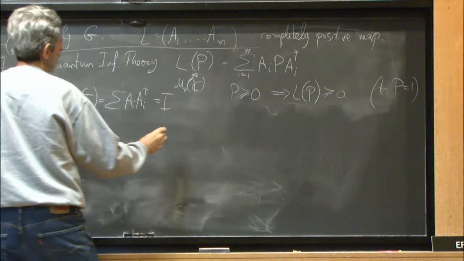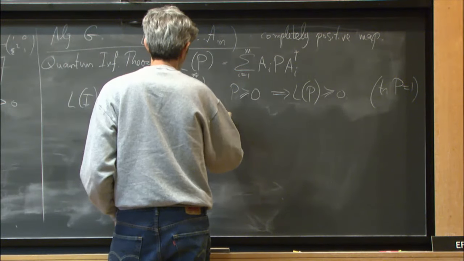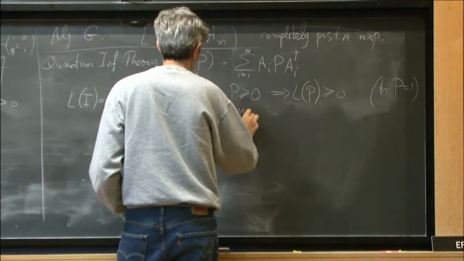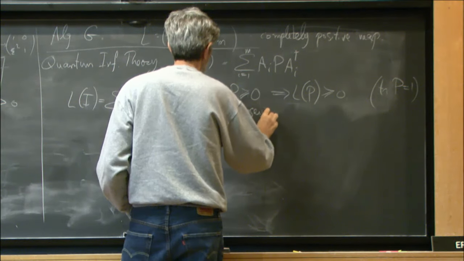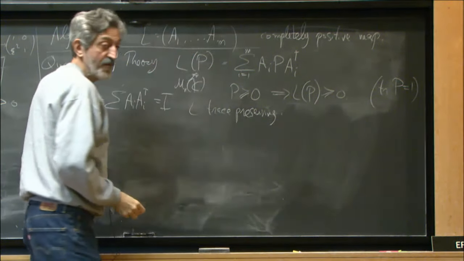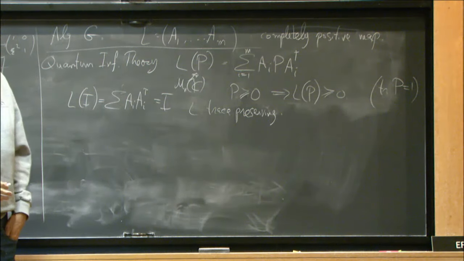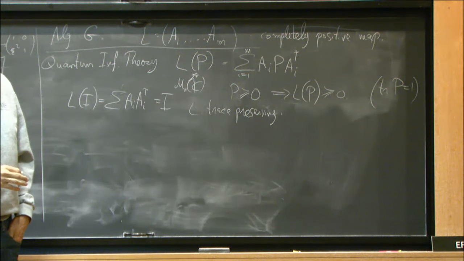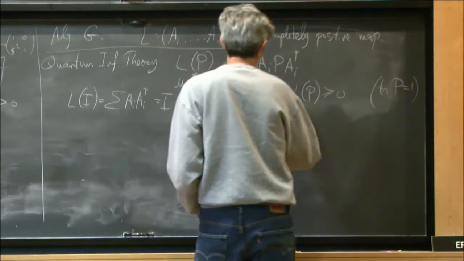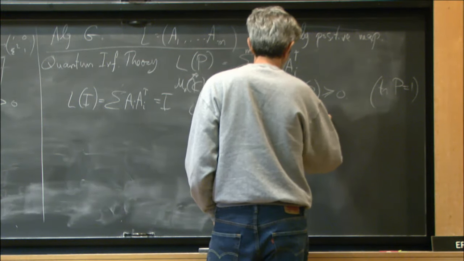In this case, L is called trace preserving. And for us, or for Gurvits, trace preserving is exactly the analog of row stochastic.